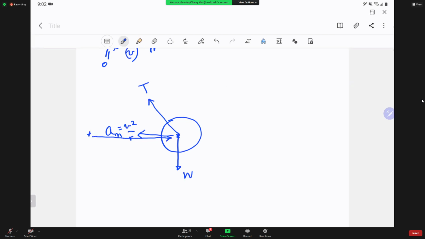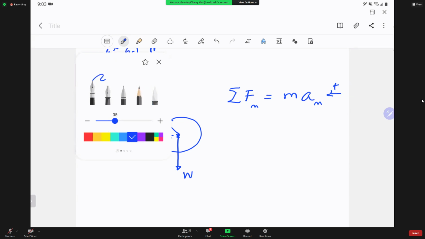Okay. Now, first of all, I'm going to take Newton's equation, force equal to ma, in the normal direction toward the center of the path or the curvature. And I'm going to use the sign convention: anything toward the left, the force term shall be positive.